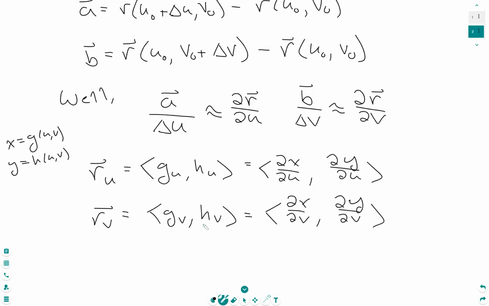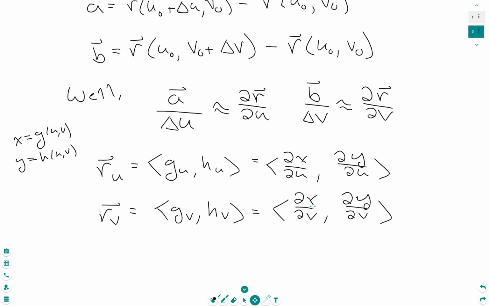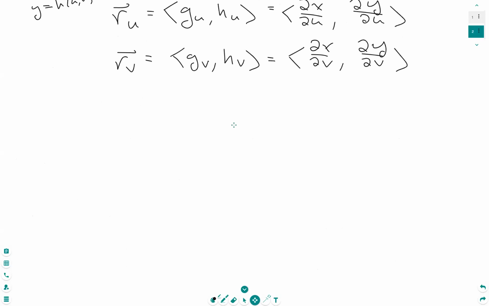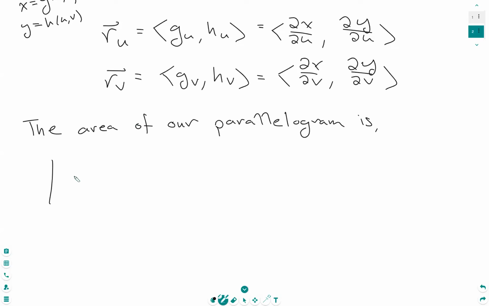Okay, so now what we can do is approximate the area of that parallelogram with these derivative functions, right? These are vectors, right? So the area of our parallelogram is the magnitude.